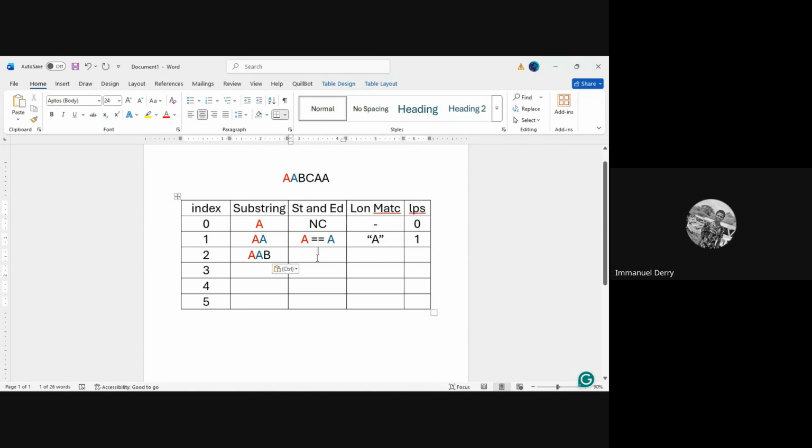Are we clear? And then there is no match in this sense, so I can say NM, and we can represent it here as a dash. And obviously, if there is no match, LPS is 0.